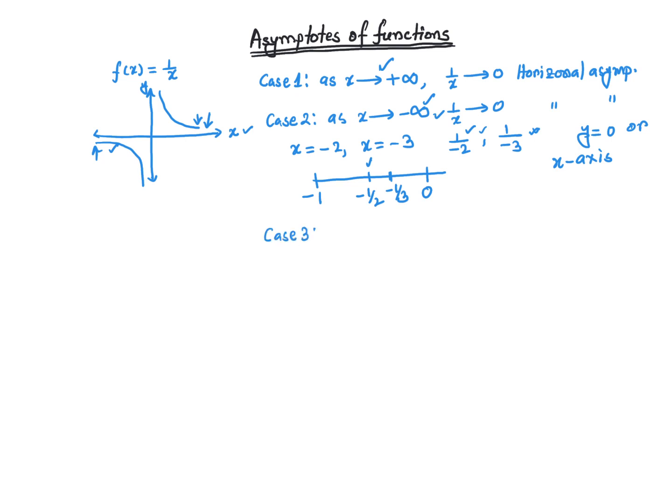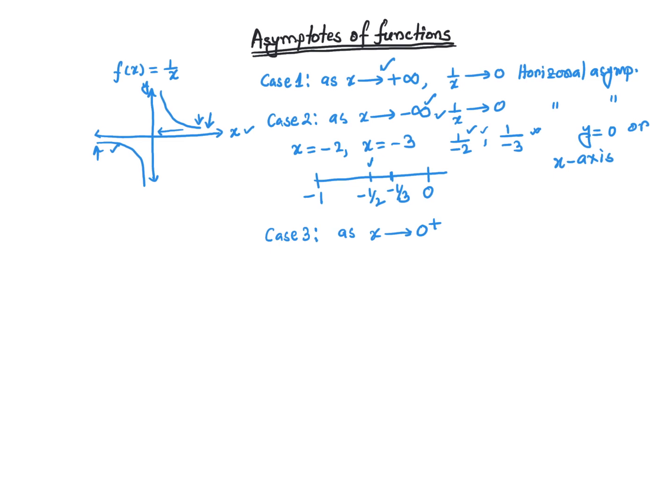Case 3. What happens to this function as x approaches 0 from the positive side? So x is getting closer and closer to 0. Again, as you can see, if the denominator of 1 over x gets smaller and smaller and smaller from the positive side, this is going to approach positive infinity, right?